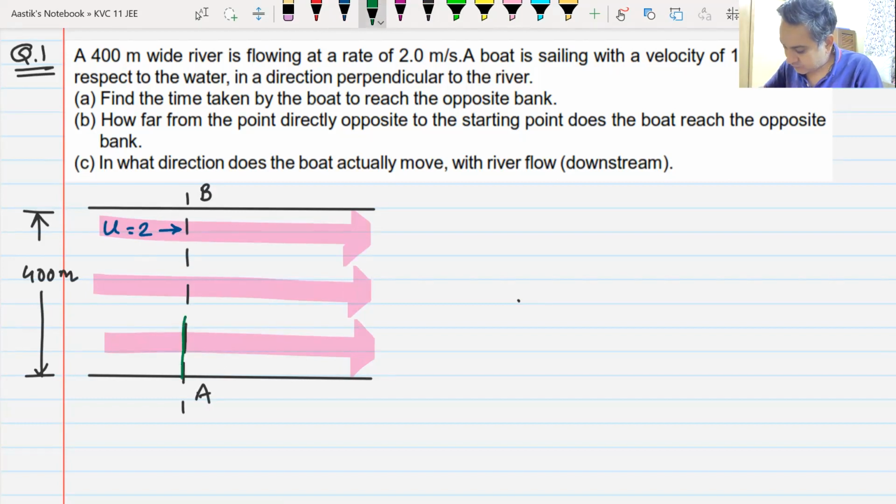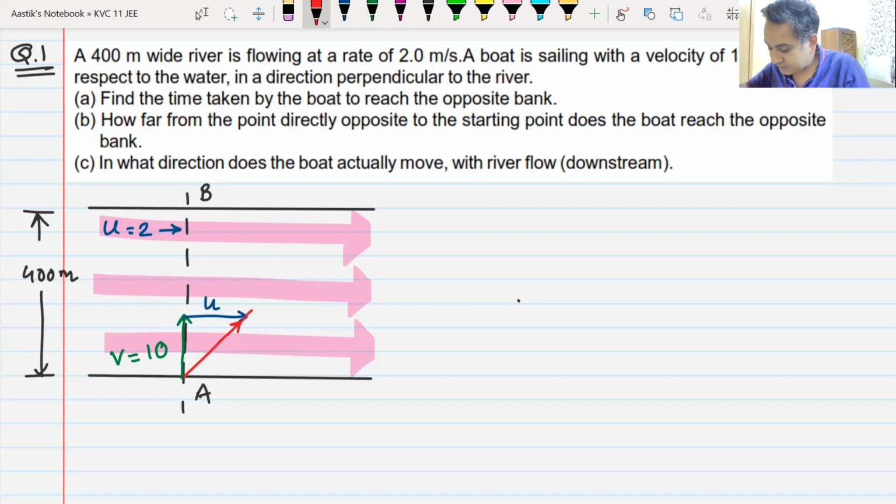The boat is going perpendicular. Velocity V is 10 meter per second with respect to water. The velocity of river will get added up, and that will be the resultant velocity, and it will end up here. This distance would be x. This is angle theta with the vertical.